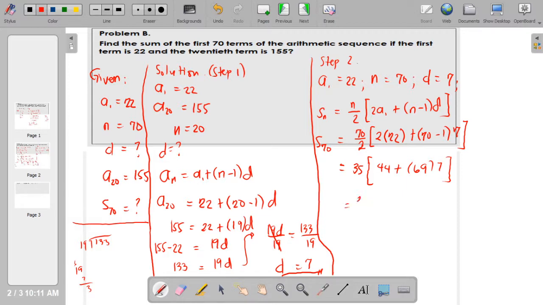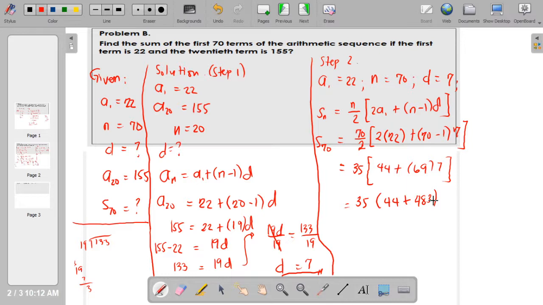From here we copy 35 and then we copy 44 because we cannot add this yet. And then 69 times 7, that should be 63. 7 times 6 is 42, and 42 plus 6 is 48.